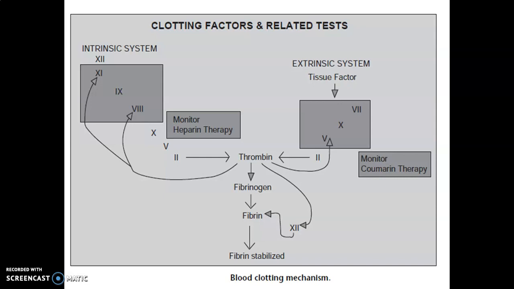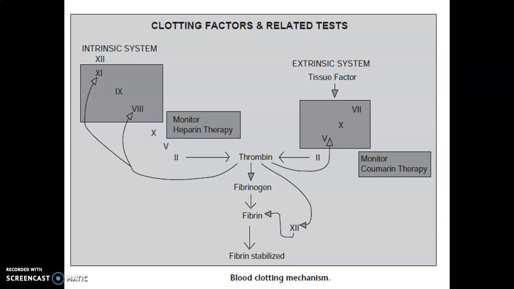When factor number 12 is activated, it acts upon factor number 11 and causes its activation into 11A, which causes activation of factor number 9 into 9A, and this requires high molecular weight kininogen and calcium ions.